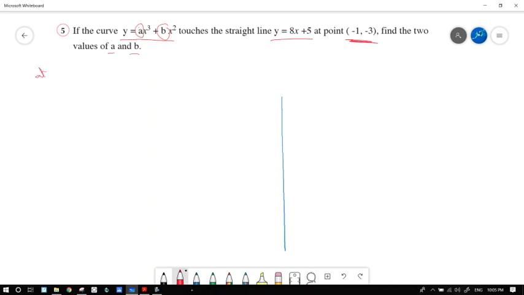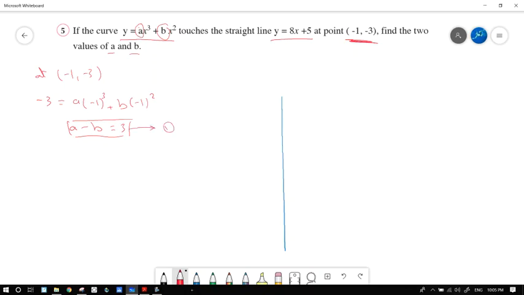At the point (-1, -3), the equation of the curve will be -3 equals a times (-1)^3 plus b times (-1)^2. By simplifying this equation, it will be a minus b equals 3 finally. So this is equation number 1.